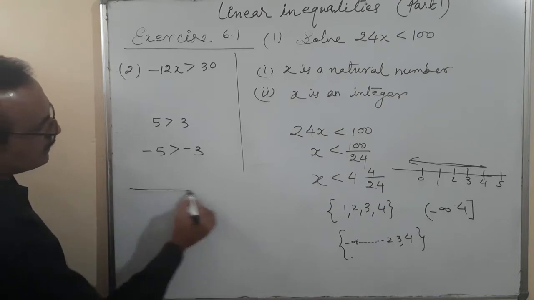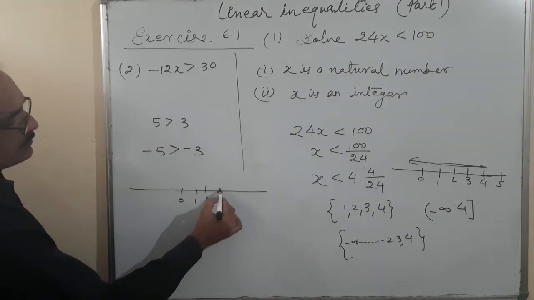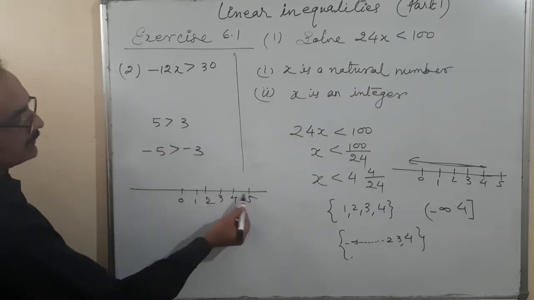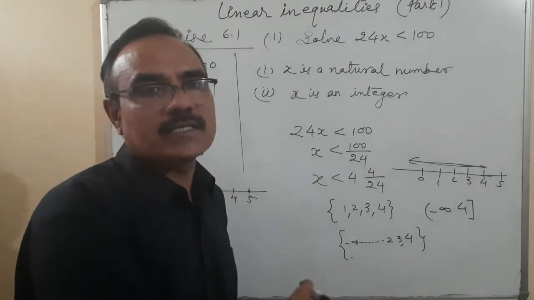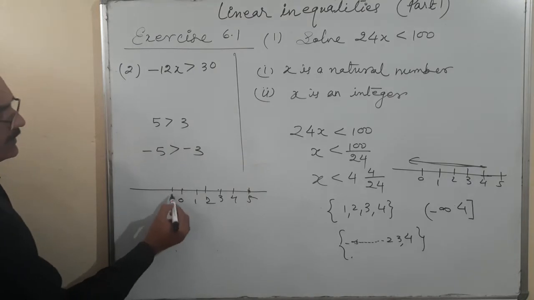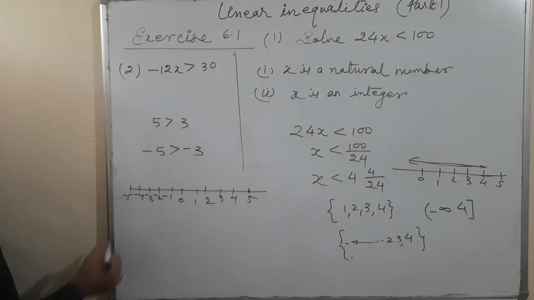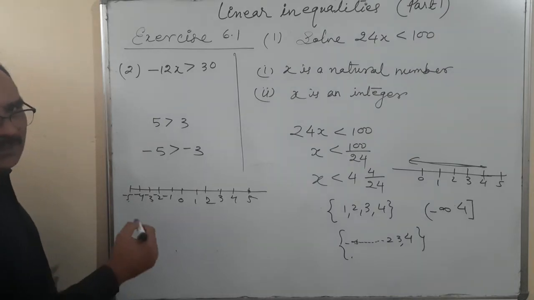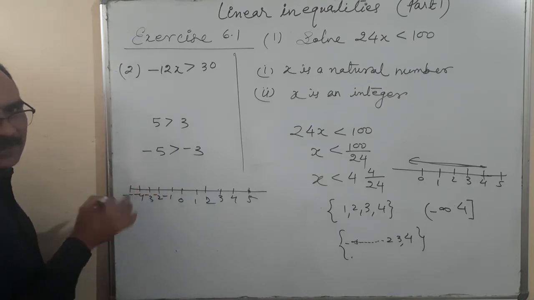So let us see on the number line what the condition is. 0, 1, 2, 3, 4, 5. Here 5 is greater than 3 because 5 is on the right hand side of 3. Minus 1, minus 2, minus 3, minus 4, minus 5. Minus 5 and minus 3, which number is greater? The number on the right hand side is always greater than the number on the left hand side.